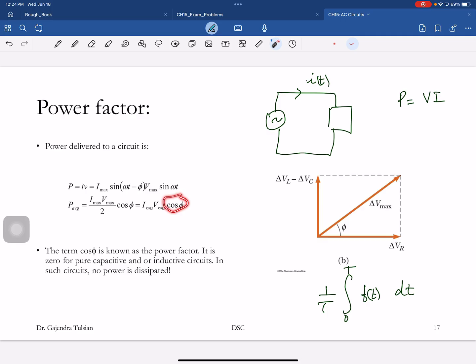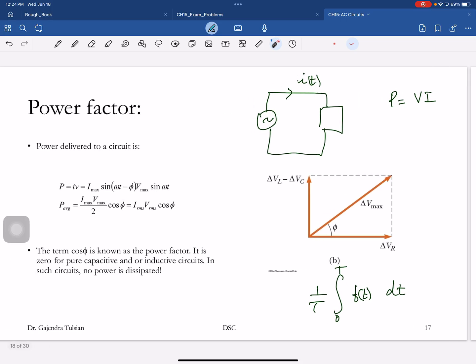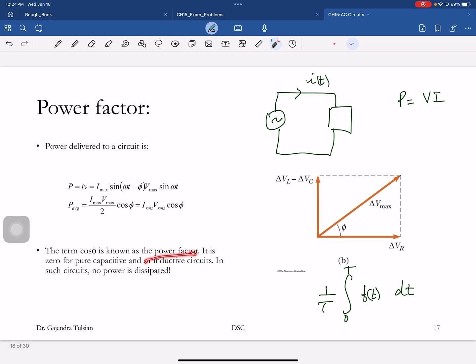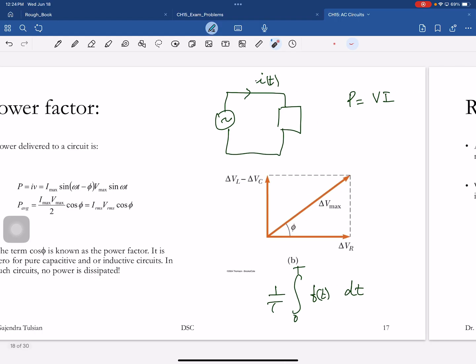This has the maximum value for phi equal to 0. For phi equal to 0, that's when maximum power is delivered to that black box, city, circuit, or whatever. So that's the power factor. The power factor is 0 for purely capacitive or inductive circuits. In such circuits, no power is dissipated.